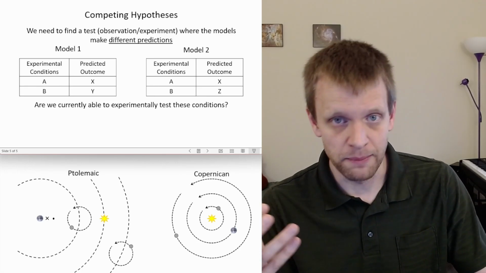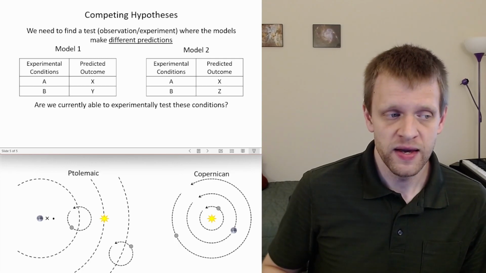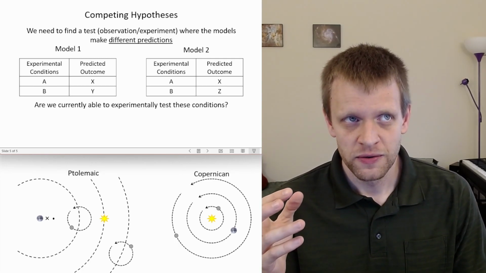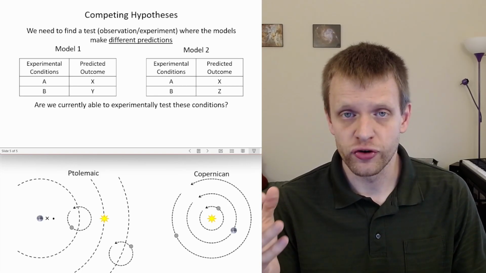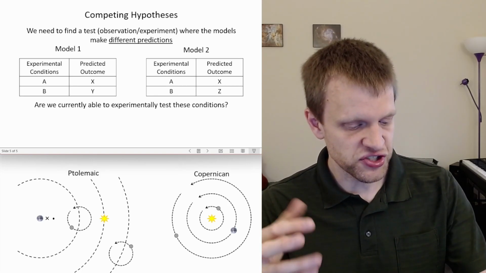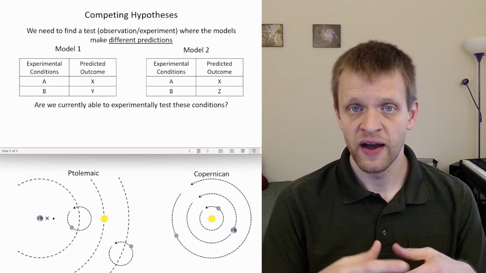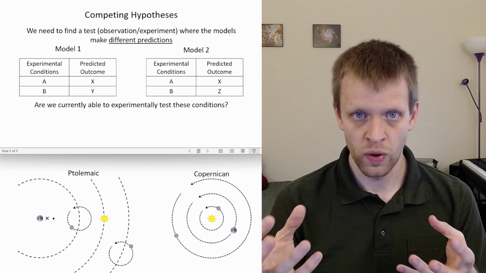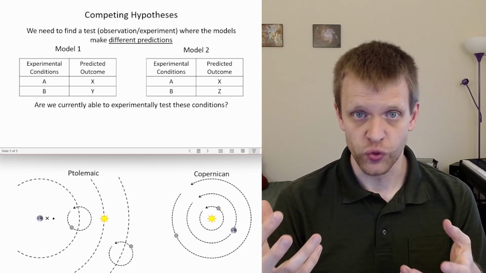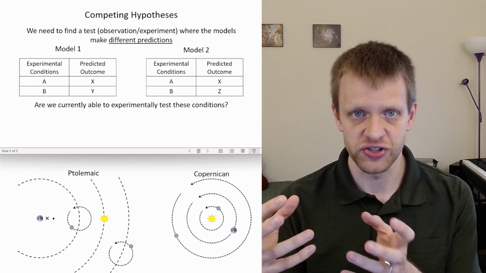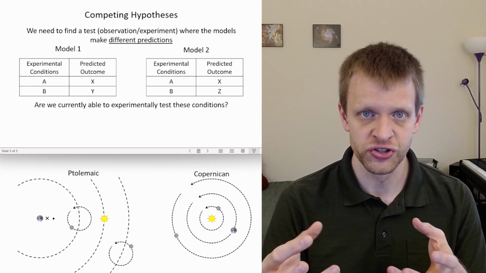One of the modern equivalents to this is when scientists are trying to look at extensions of the standard model of particle physics. The standard model of particle physics is basically a summary of everything that we know about how particles work, like quarks, electrons, different kinds of subatomic particles.